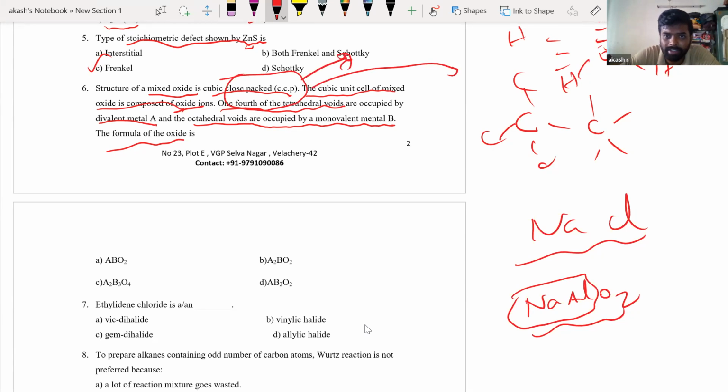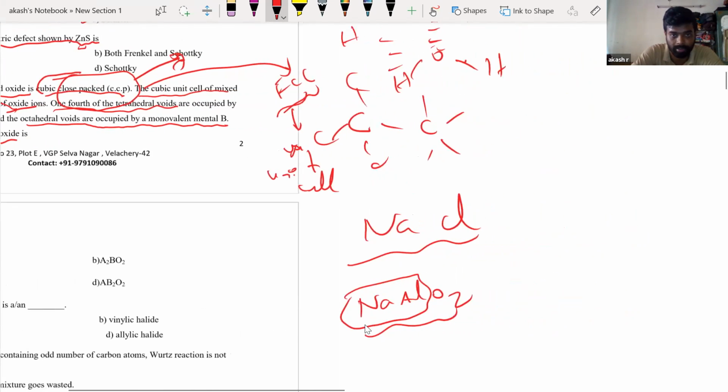FCC, sir. Exactly, right? When I say CCP, cubic closed pack structure, I'm talking about the FCC unit cell. Okay, right. Now we'll go to this.